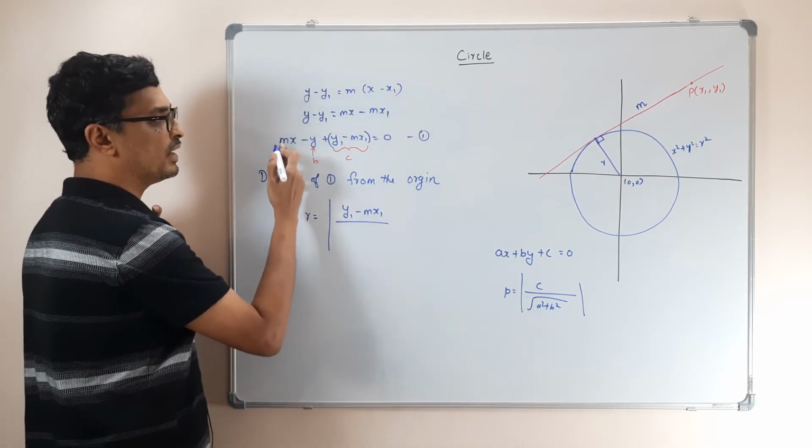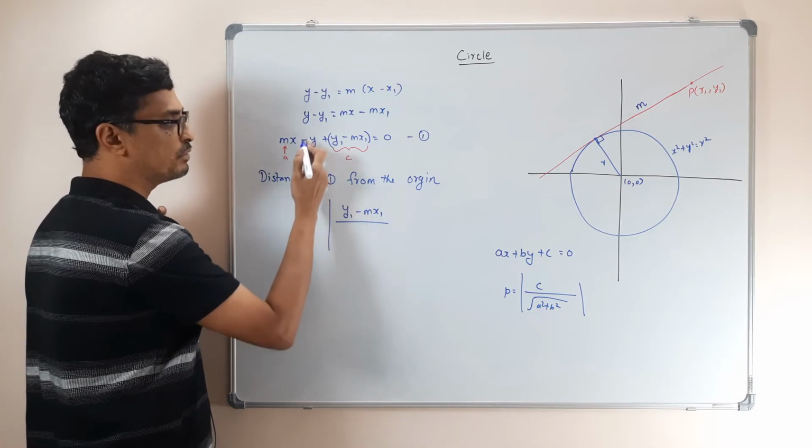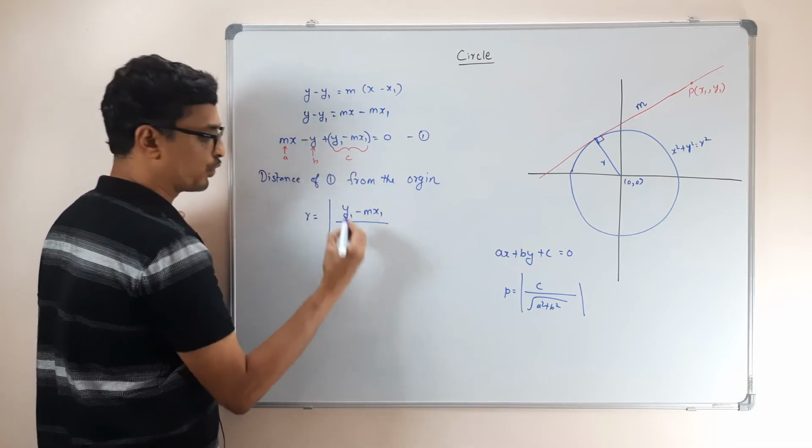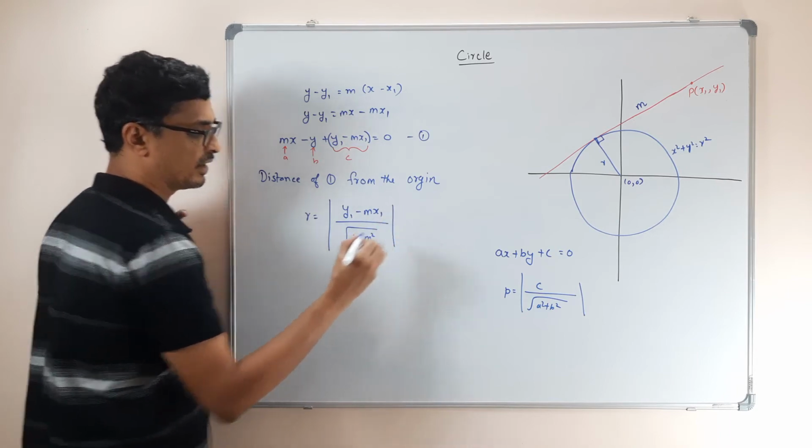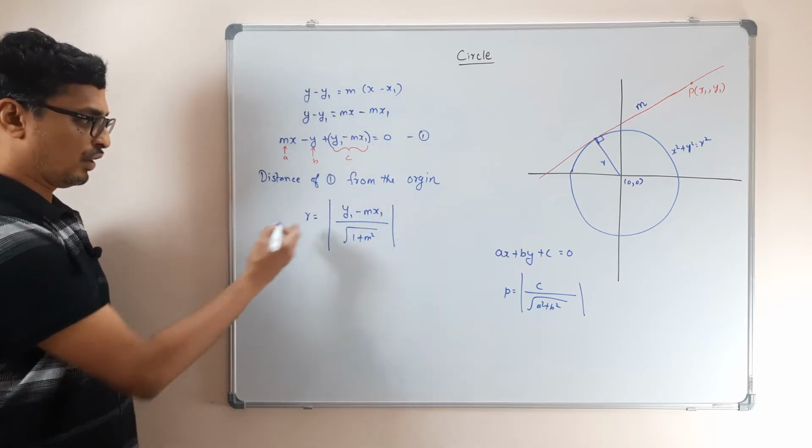A square is m square, and b is minus 1, so b square is 1. So this will be 1 plus m square.